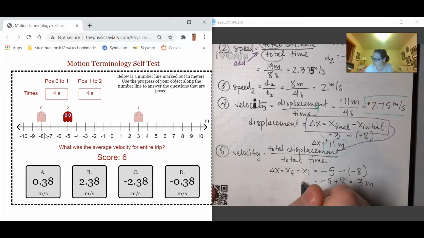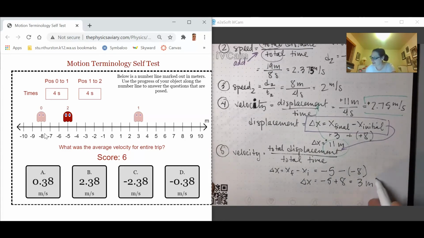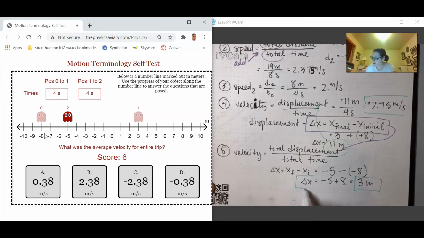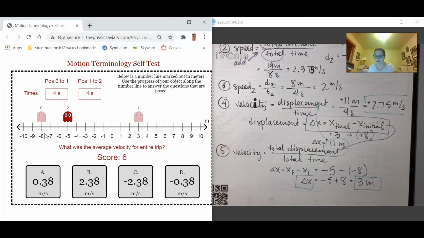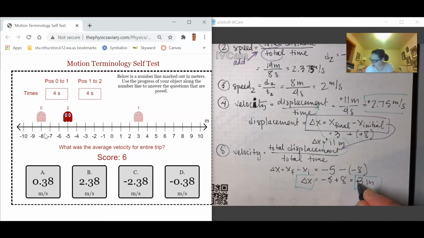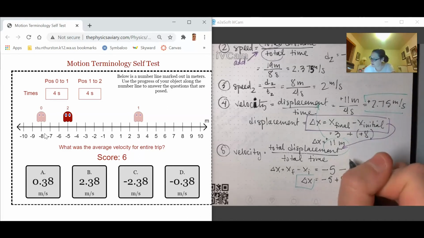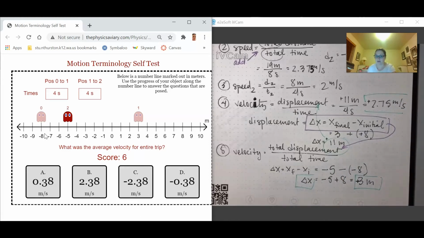So my displacement for this entire trip is a positive, I should make sure, -5 plus 8, yeah, that's a positive 3 meters. If I want to know what my velocity is, I'm going to put that number back up here.